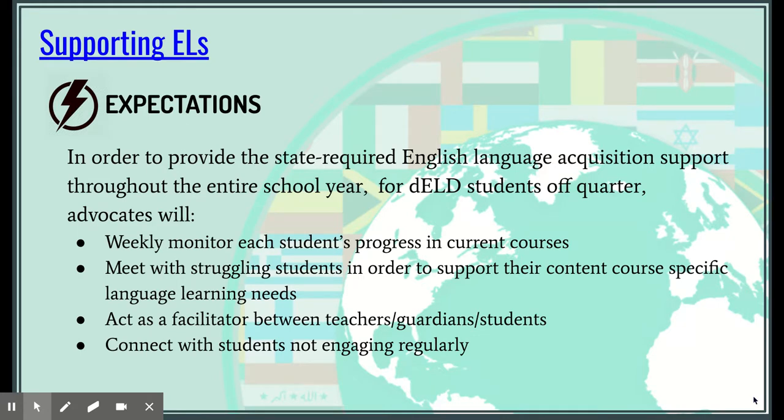Let's remember that designated ELD is providing language acquisition support for English learners, not content science, content social science, content ELA, or content math support. I don't want any teacher to feel overwhelmed in thinking that it's their job to provide that kind of support for the student.